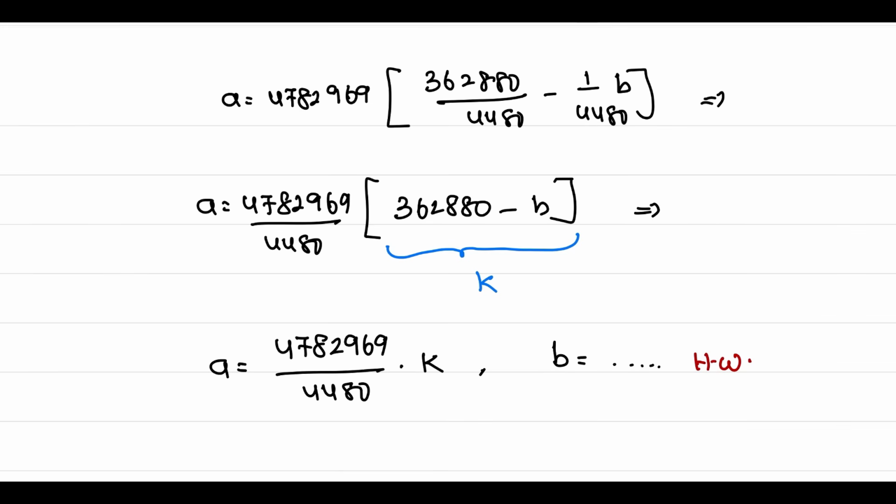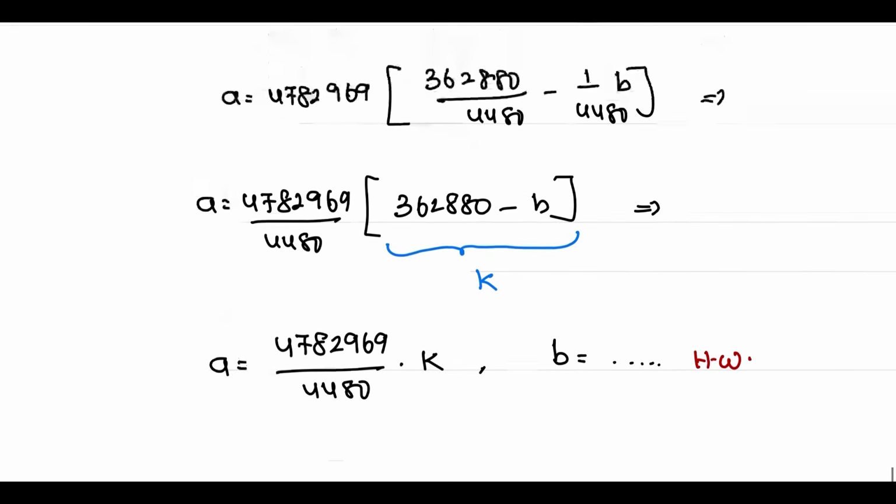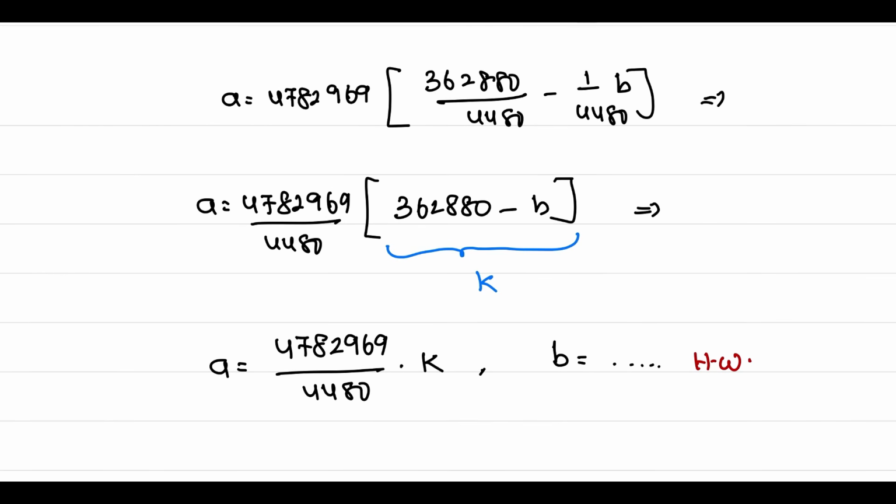Now, A we have got with some value involving B, that is 4782969 divided by 4480 into (362880 minus B). That is the relation between A and B, in which some part of B is called K.